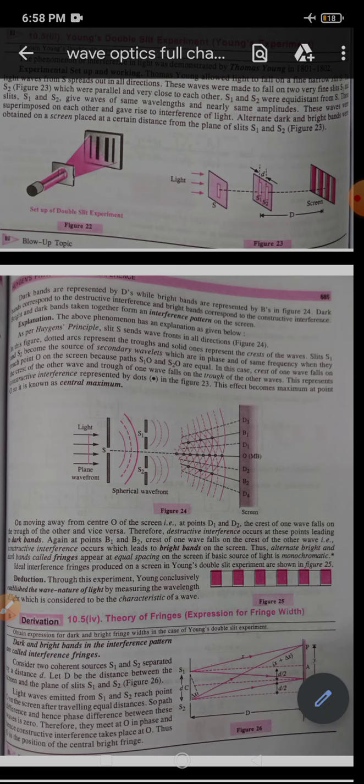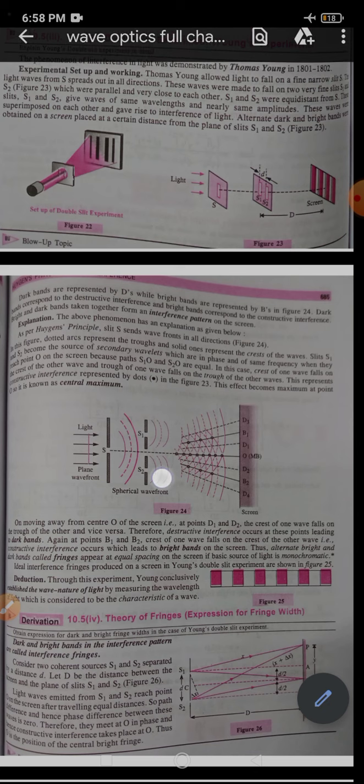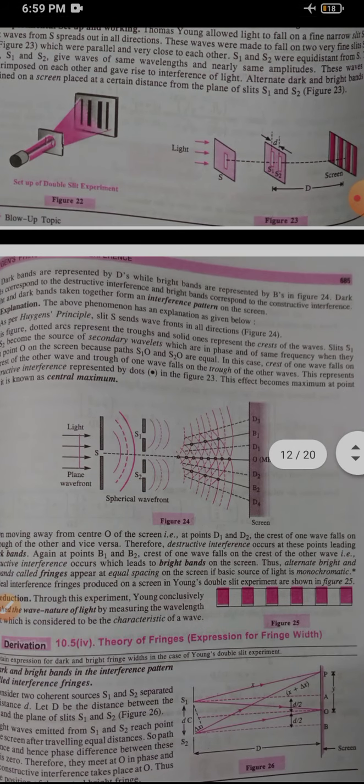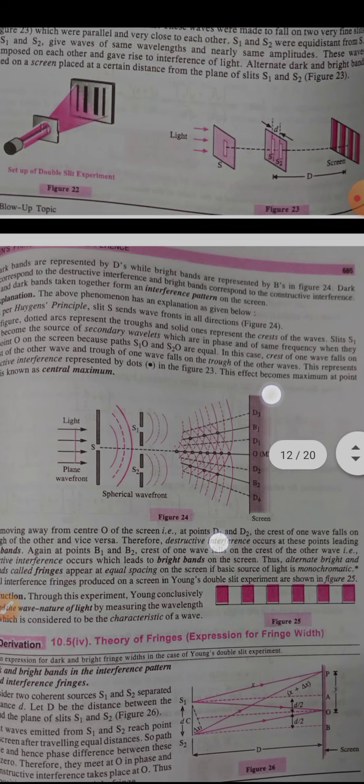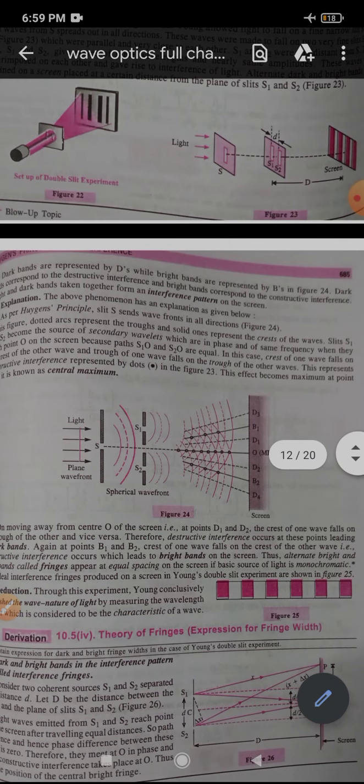When this light falls on the S1 and S2 slits, we get two light waves from S1 and S2, and these two superimpose on one another to give bright and dark fringes. The center O will be the central maxima, because this is the mixture of both the slits.